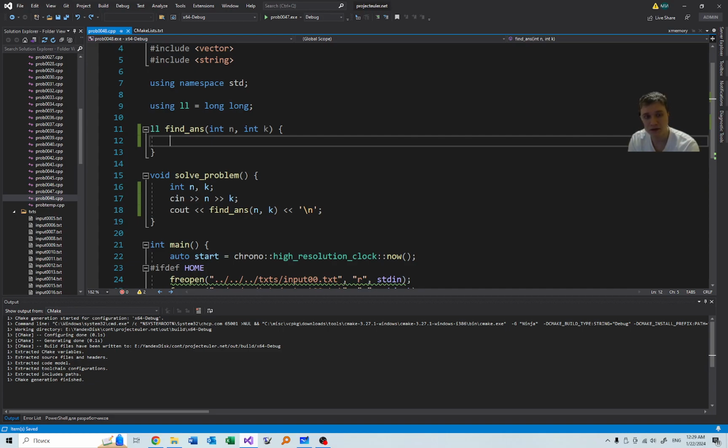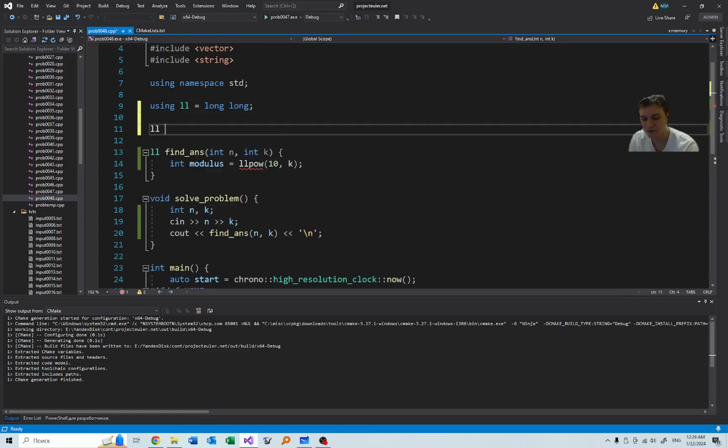So first of all, it's simply some modular operations. So we need to find the modulus. Modulus is LL power of k of 10 to the power k. Let's write the function L power.